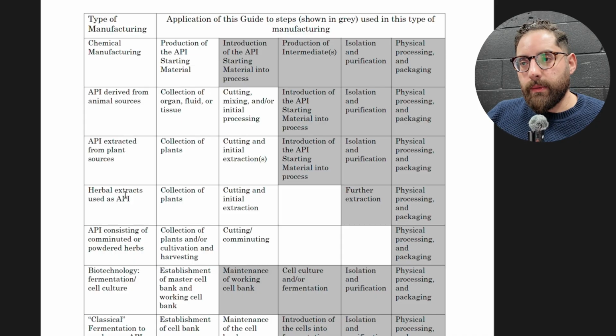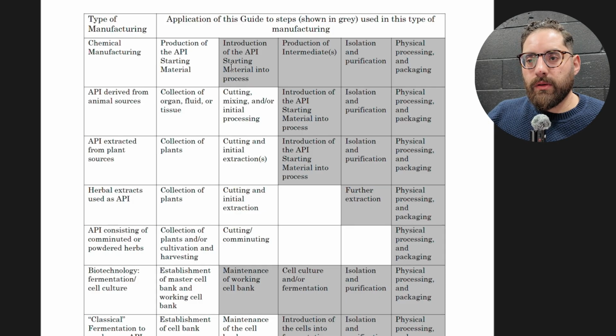So if you're talking about basic chemical manufacturing synthesis, where you have production of the API, moving to the production of the starting material, to introducing the API into the process, production of the intermediates, isolation, purification, physical processing, and packaging, it clearly delineates that GMPs start after the production of the API starting materials. It starts when it's introduced to the API manufacturing process.